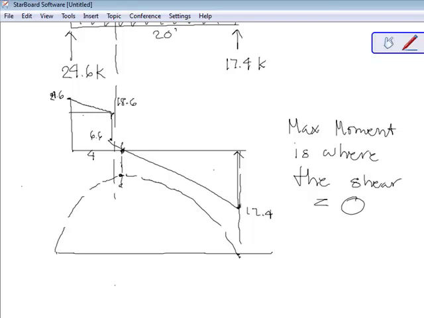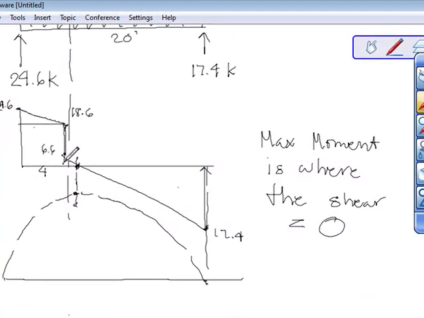So there's a square that's going to be 4 feet by 18.6. So we've got that one, 4 times 18.6. That's going to take care of that area.